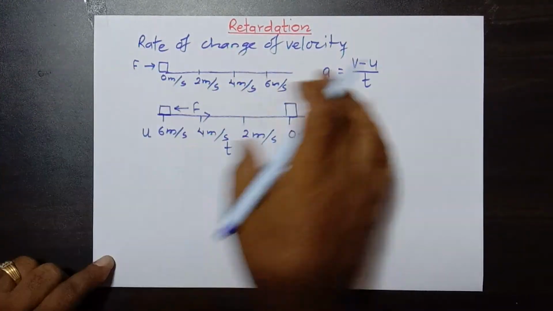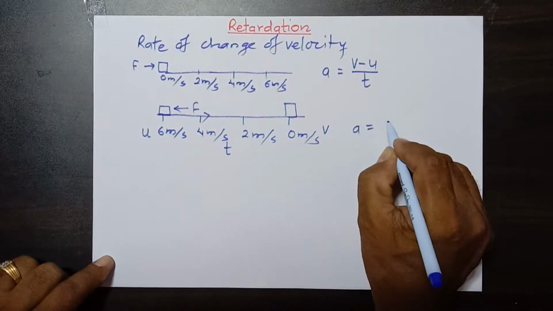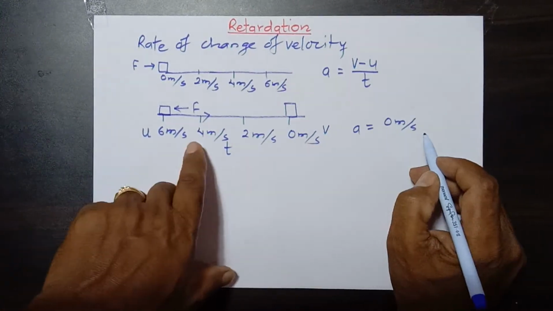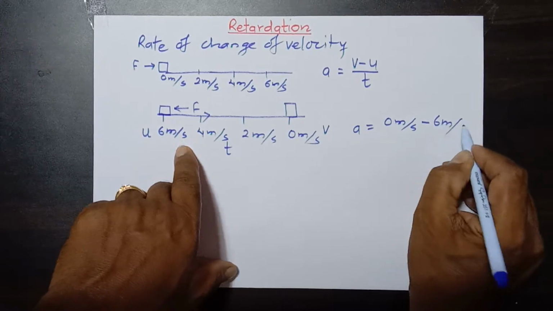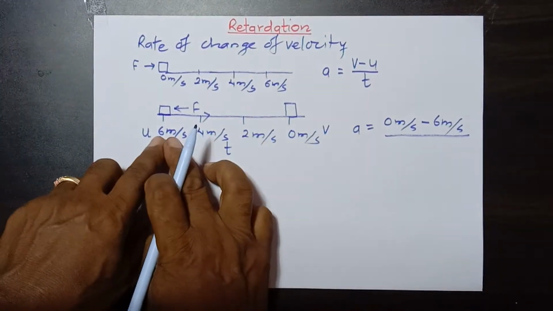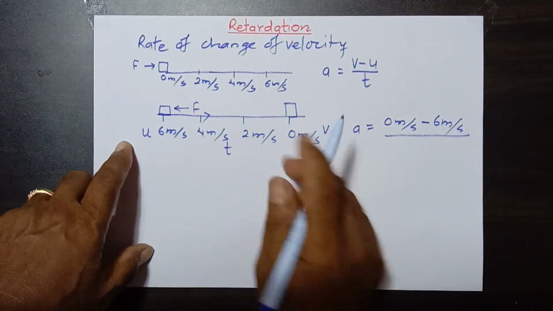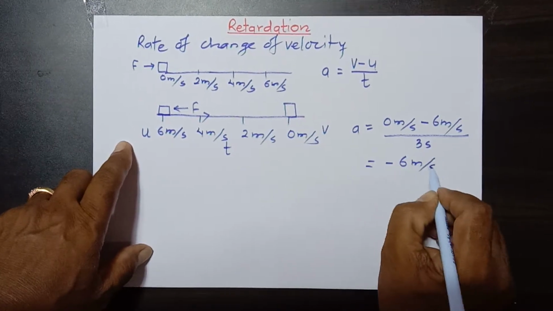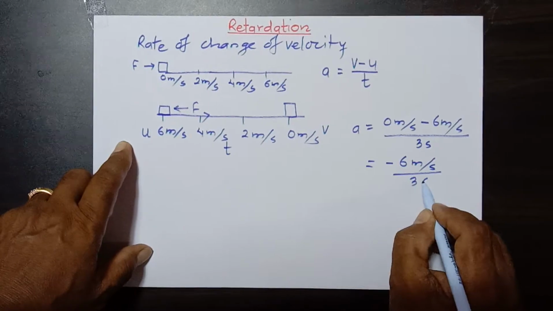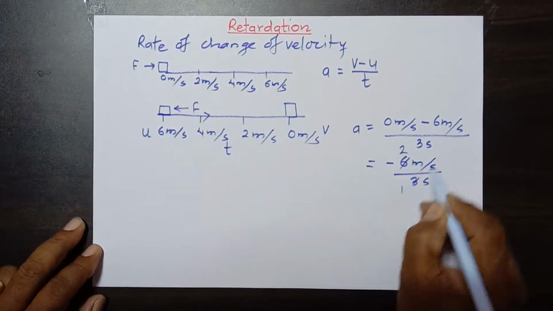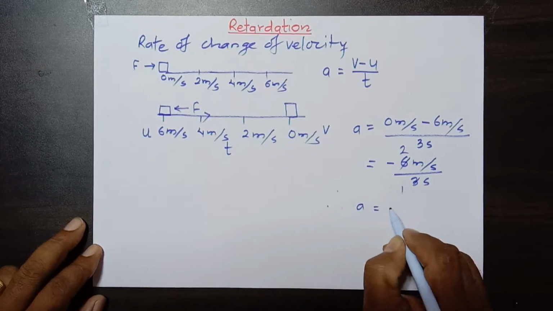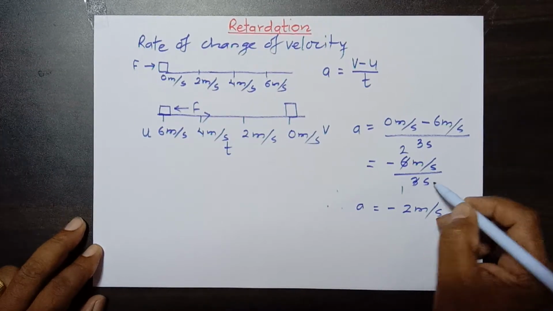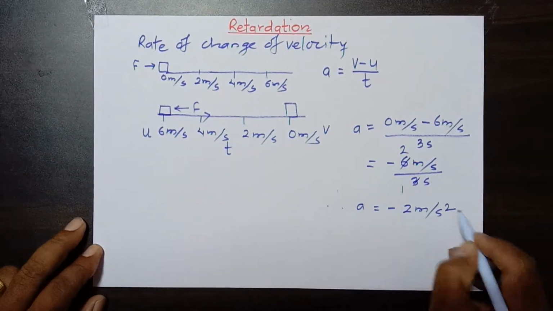Using the same formula, a equals v minus u by t: in place of v it is 0 meter per second, in place of u it is 6 meter per second, and the time taken is 1 second, 2 second, 3 second, so 3 seconds. So a equals minus 6 meter per second upon 3 second. 3 twos are 6, therefore acceleration is equal to minus 2 meter per second square.